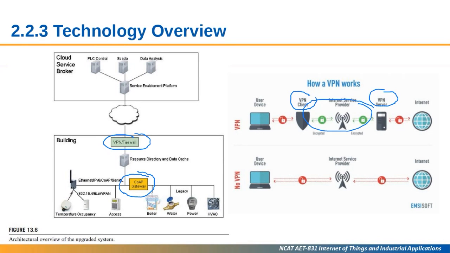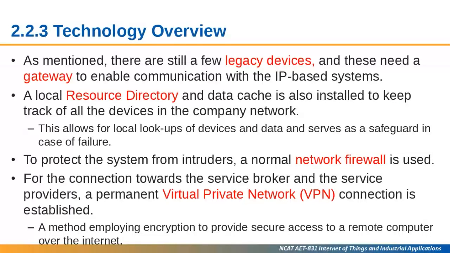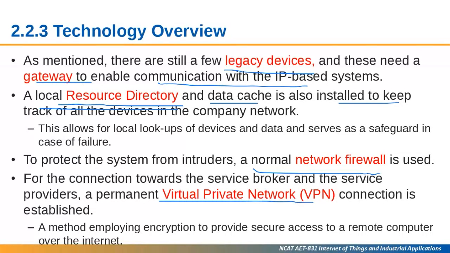and then the communication here will be encrypted. And as mentioned, there are still a few legacy devices, and this needs a gateway to enable communication with the IP system. In that case, a local resource directory and data cache is also installed to keep track of all the devices. Once again, a normal network firewall and the VPN connection are needed for the communication.